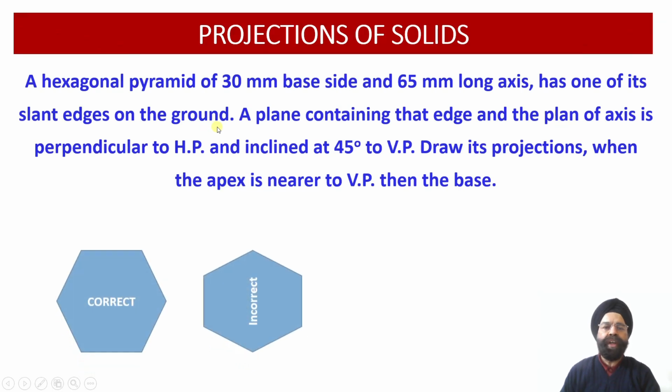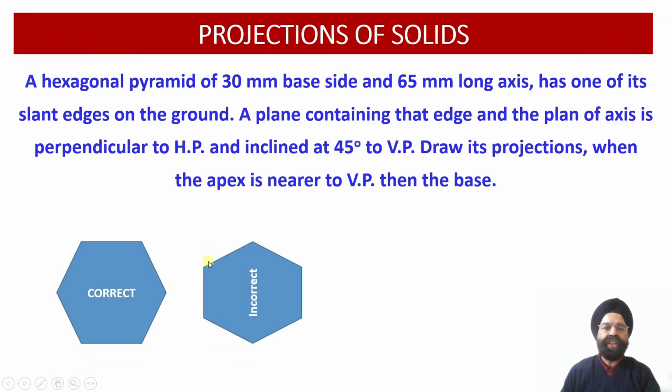So let us first of all evaluate the orientation of this hexagonal pyramid onto the horizontal plane. If we locate the hexagonal pyramid onto the horizontal plane in this orientation and then we tilt it either this way or this way, it will be resting on one of its edges onto the ground, and if we tilt it completely onto the horizontal plane, it will be resting on one of its triangular faces.